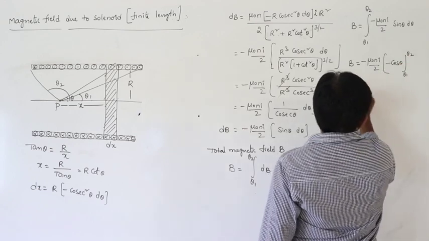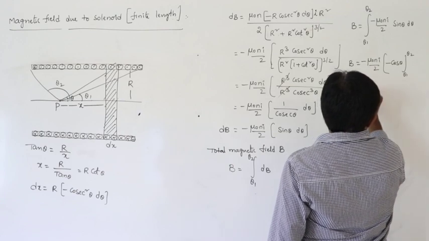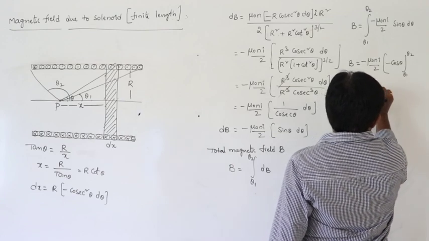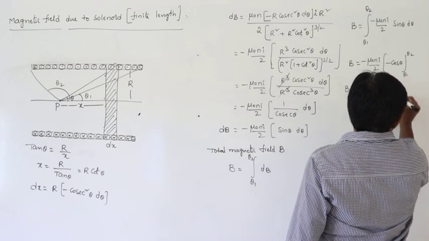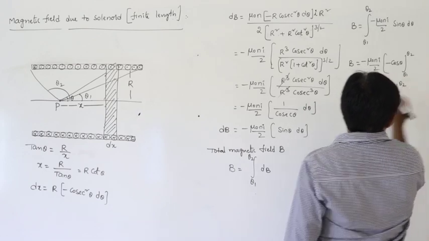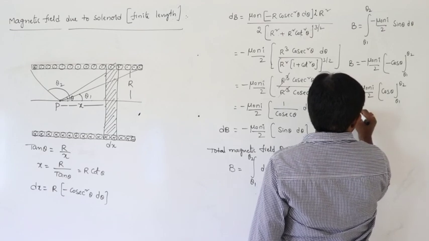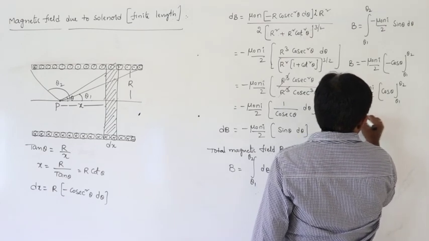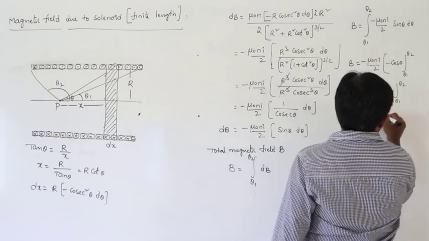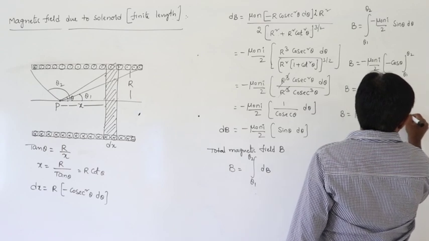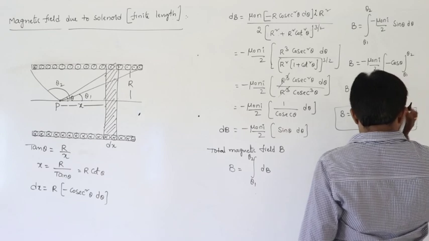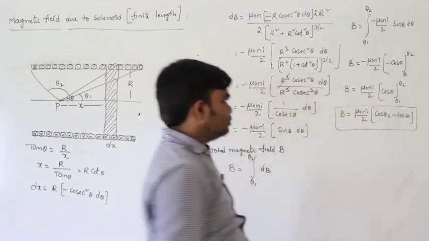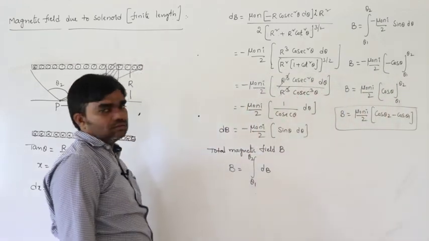So from this, B is equal to mu naught Ni by 2, minus of minus, plus cos theta between the limits theta 1 and theta 2. So B is equal to mu naught Ni by 2 times (cos theta 2 minus cos theta 1).